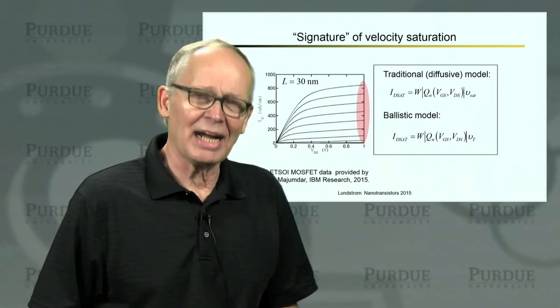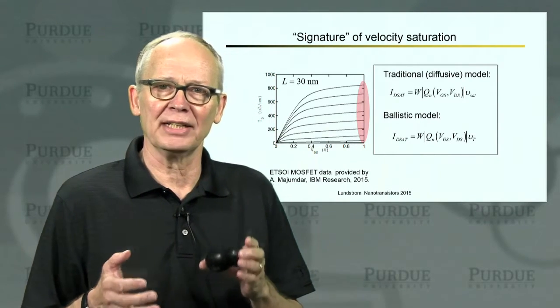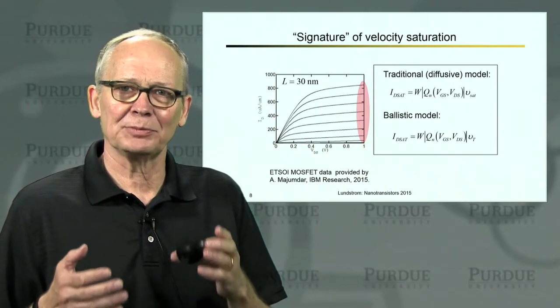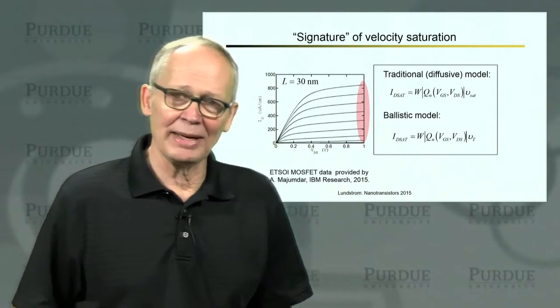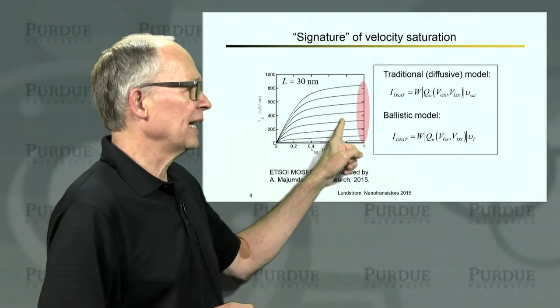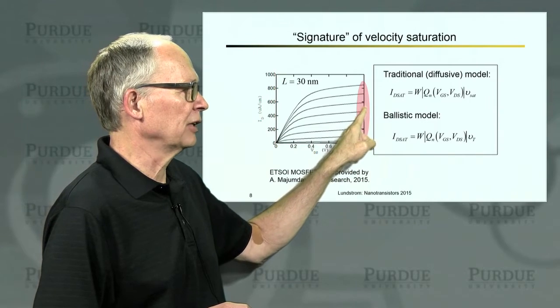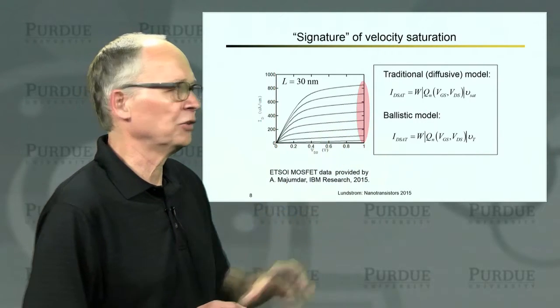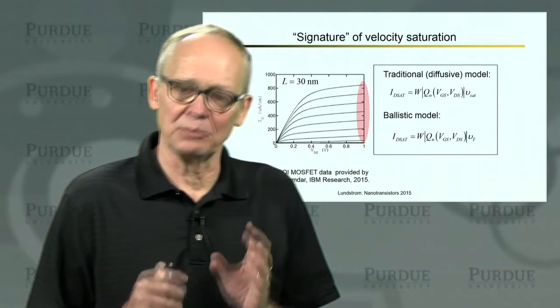But first, how would you know if you're dealing with a MOSFET that is experiencing velocity saturation? We discussed this briefly way back in Unit 1. If you see an IV characteristic and you see that the saturation current goes linearly with Vg minus Vt, you say, aha, this is a velocity saturated MOSFET.